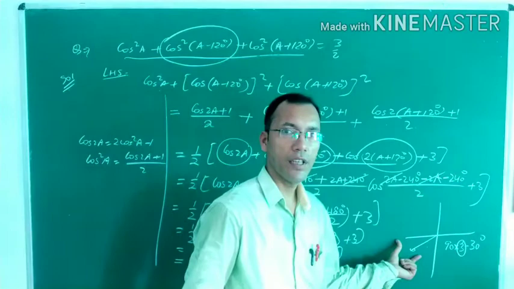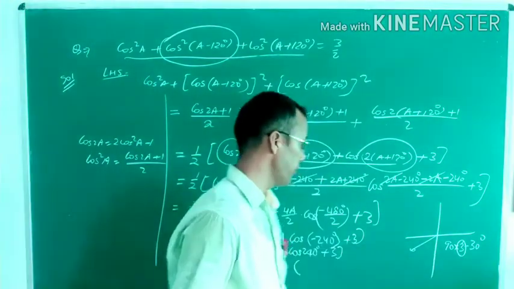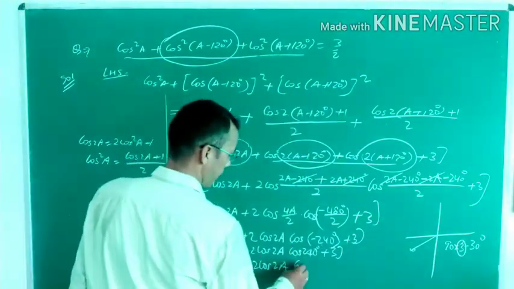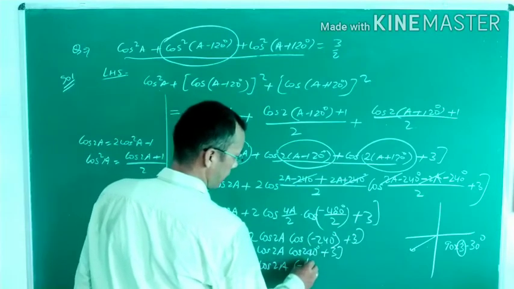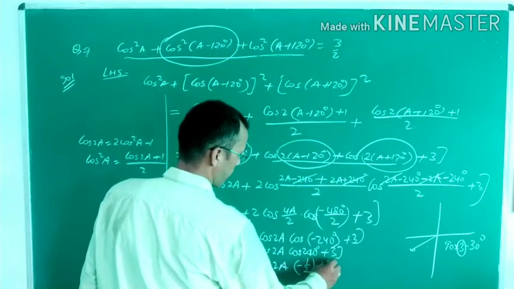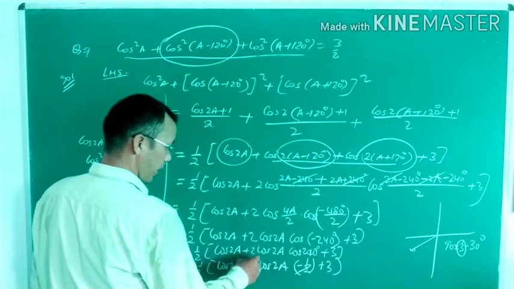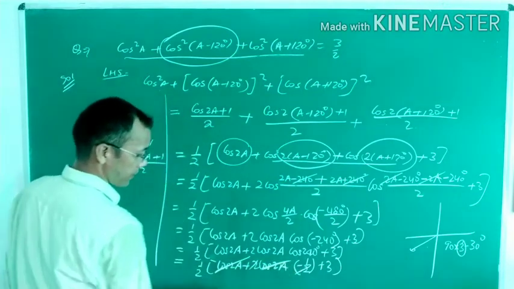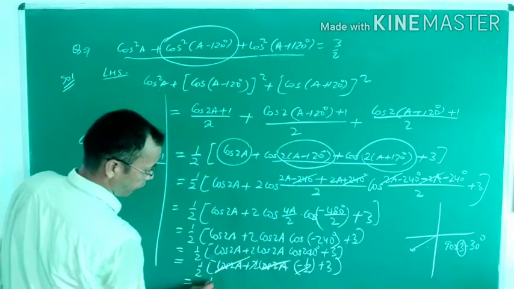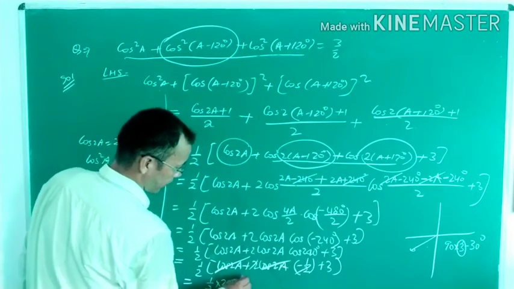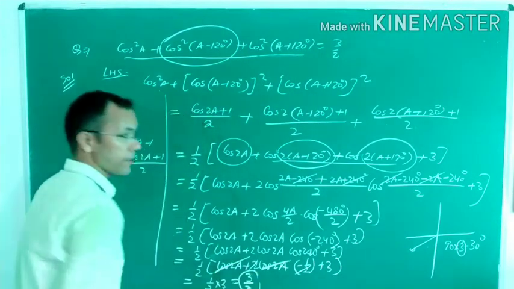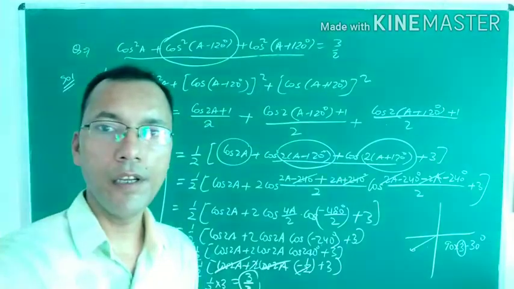Cos is negative in the third quadrant, so it changes to minus sin 30 degrees. Minus sin 30 degrees is minus 1 by 2, plus 3. Now the 2 cancels out, cos 2A minus cos 2A cancels out to 0. So this is equal to 1 by 2 into 3, that is 3 by 2.